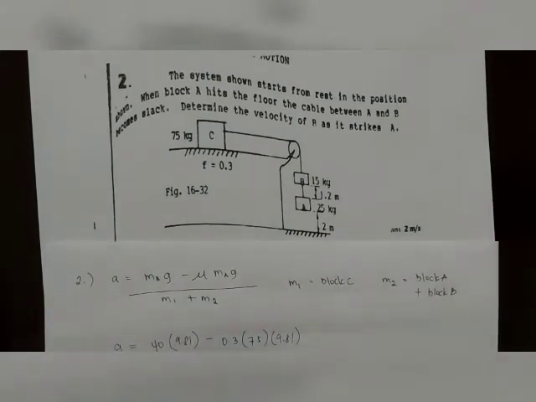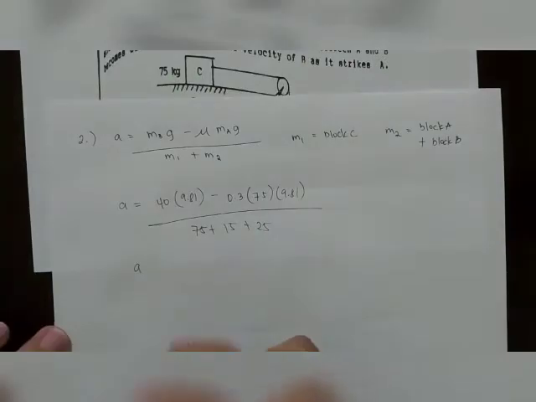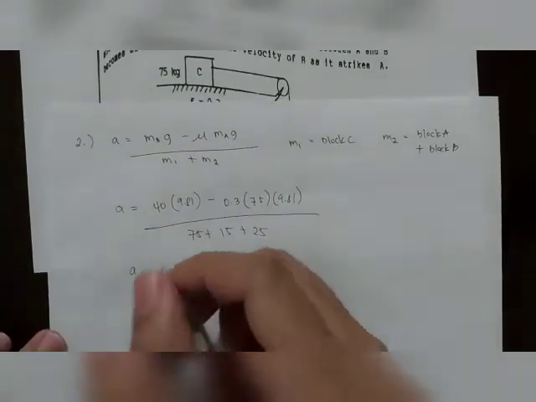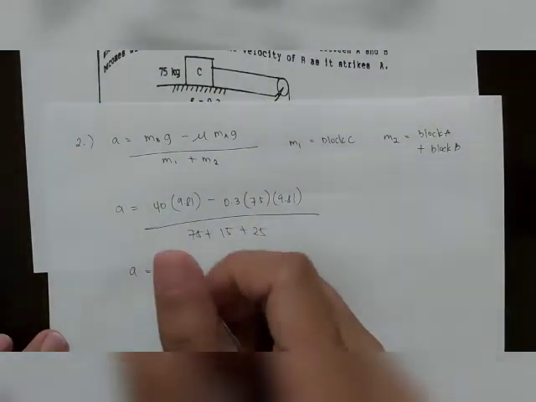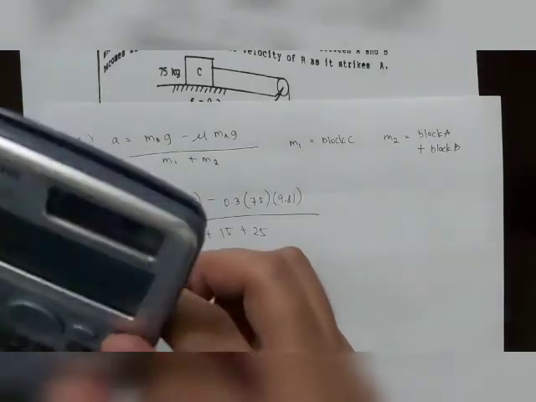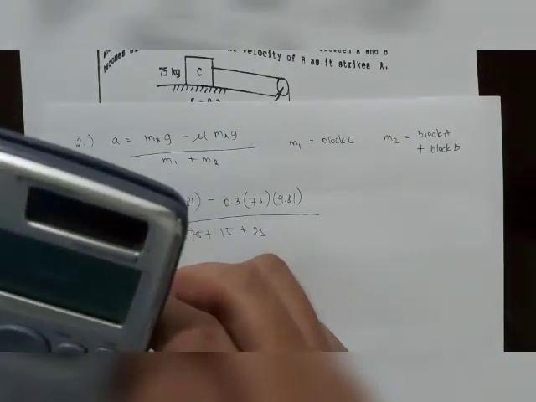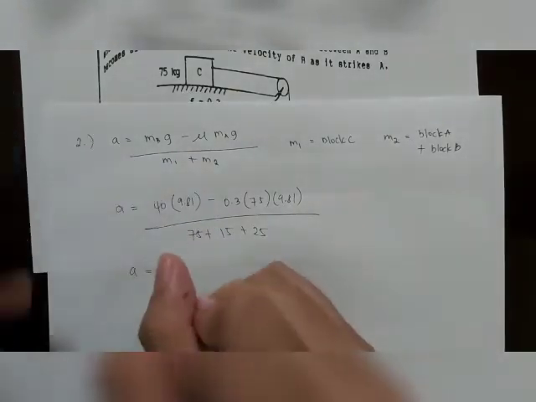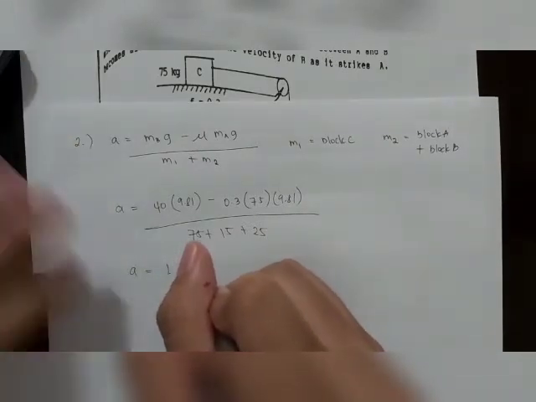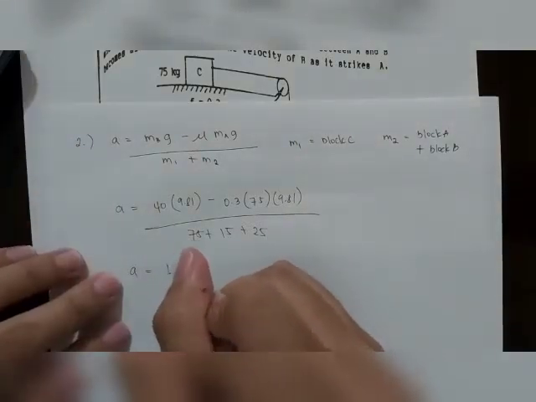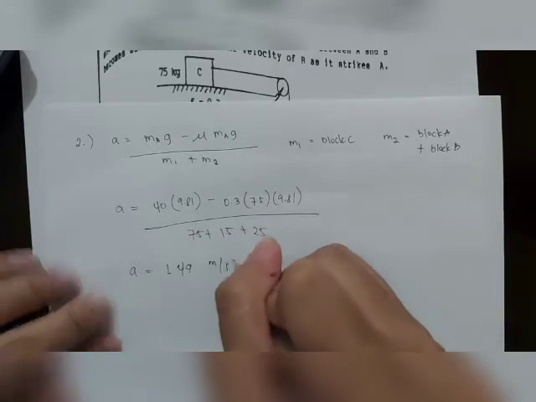So we will get that acceleration is equal to, so computing this, we'll get 1.49 meter per second square.